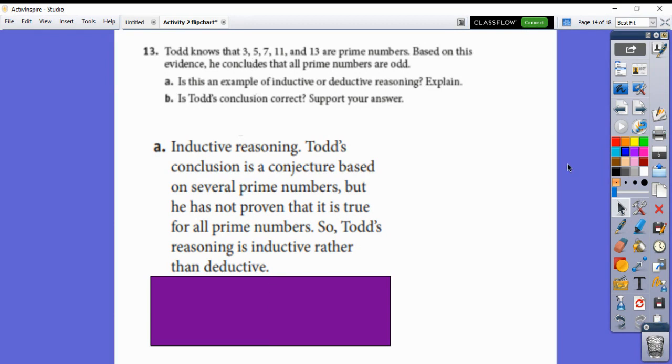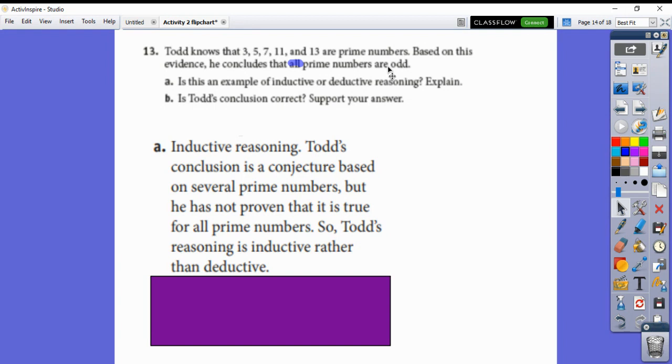If this is a correct conclusion, this word "all" right here is a very sticky word, right? Not most of the time, not just about all the time. All means all, right? So if we can find just one prime number that is not odd, if we can find one prime number that is even, then we will show that Todd's conjecture is false.